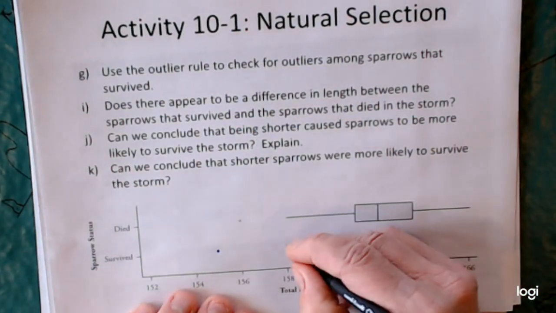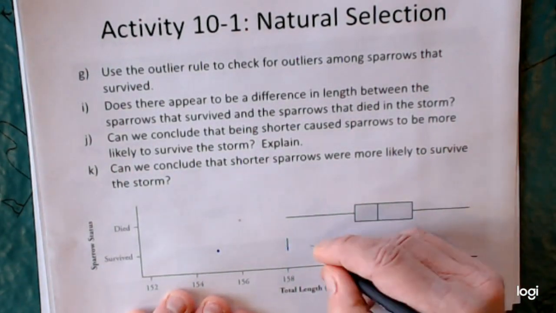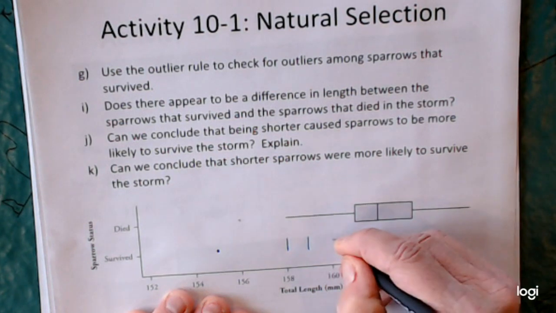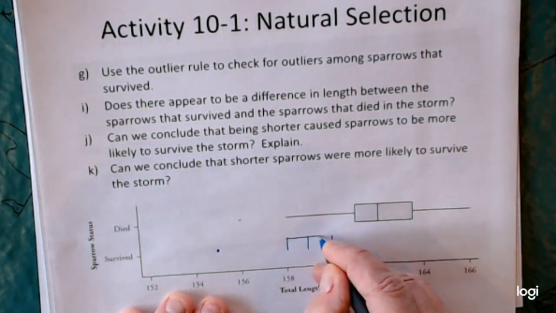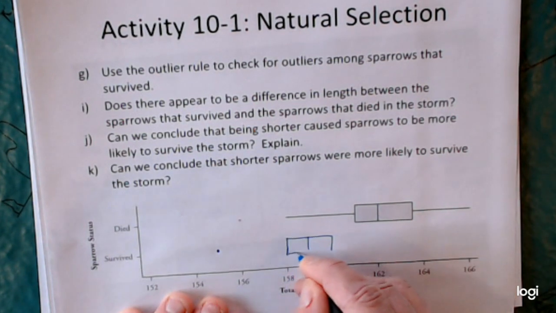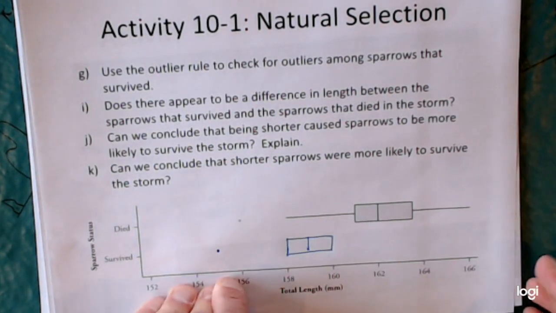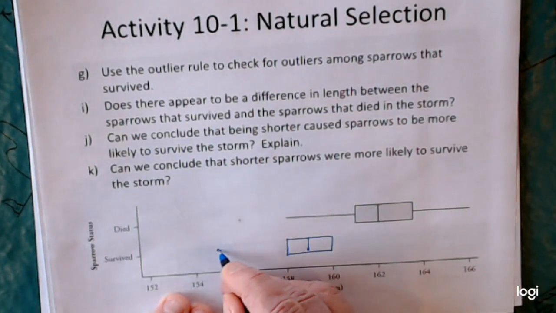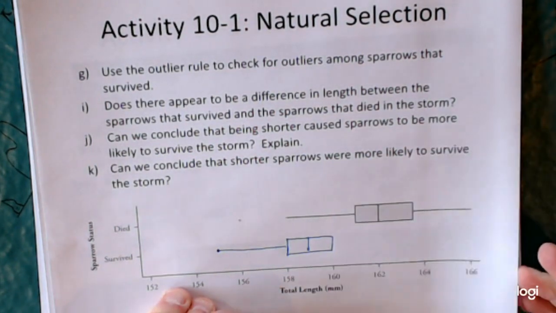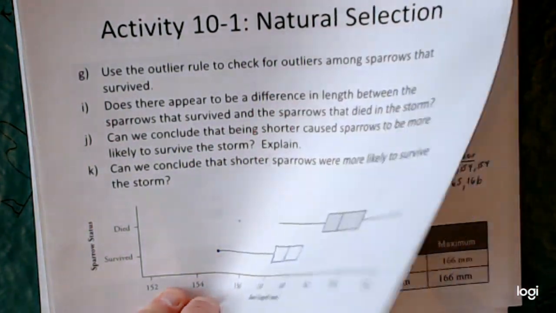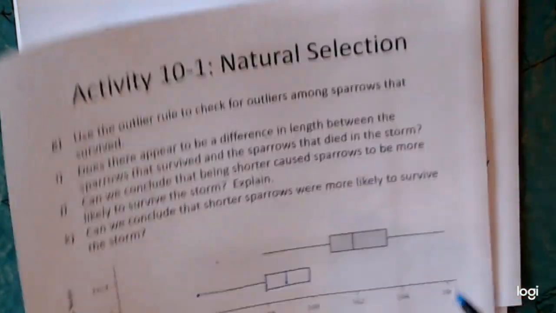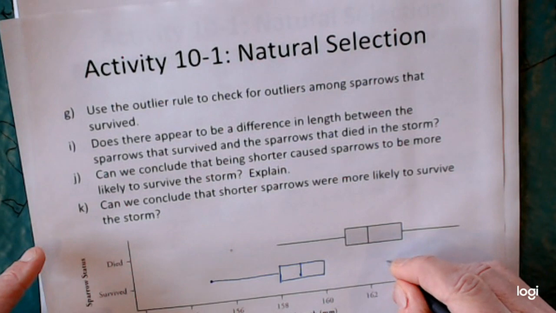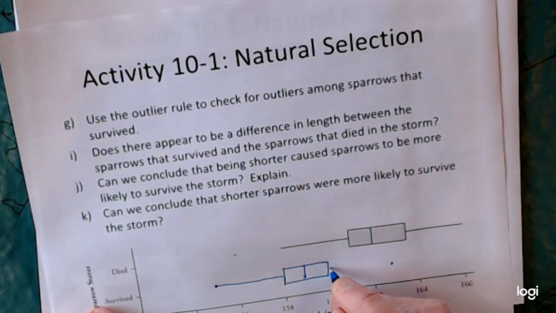Right, forgot that. My middle 50% hasn't changed. So there's my box, and then my whisker goes up to there. I haven't marked my outliers yet. And then my largest non-outlier observation is 163, so that's where I'm going to quit.